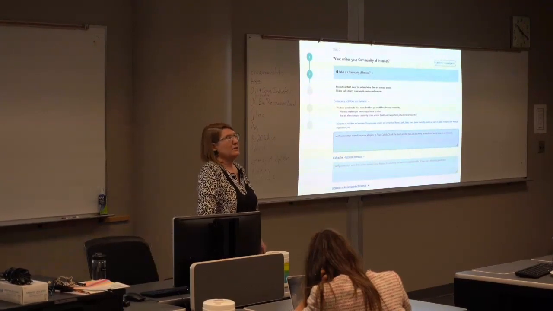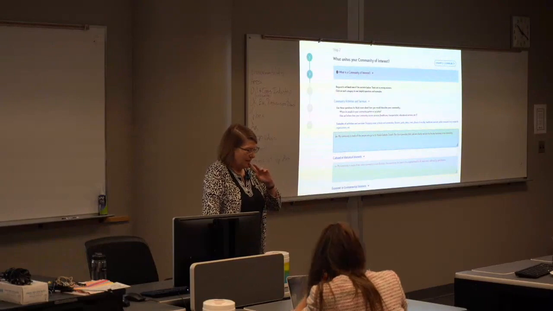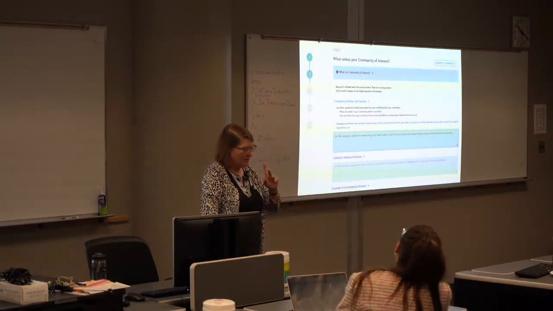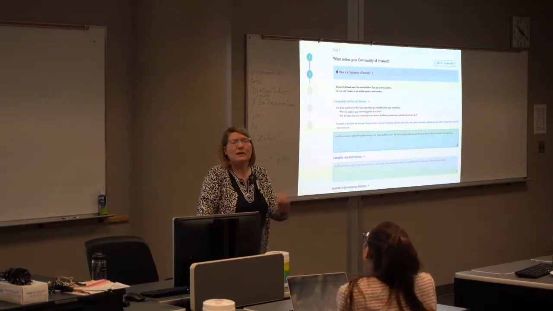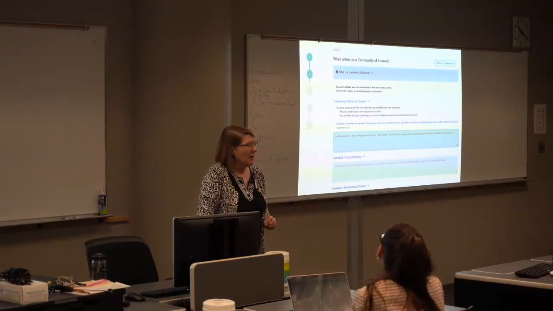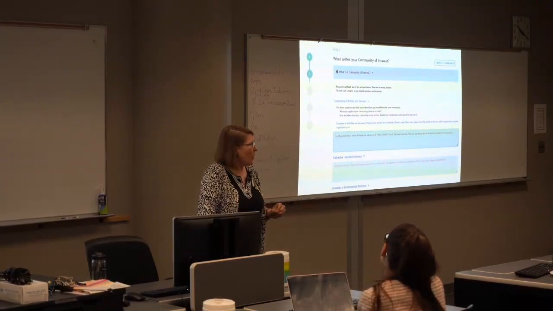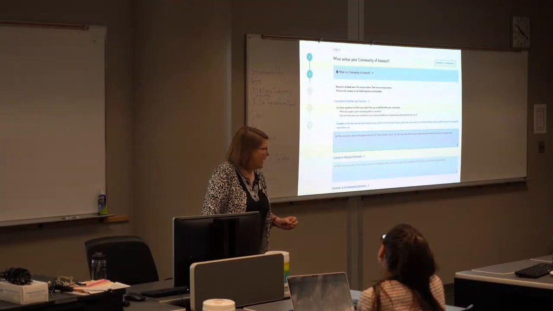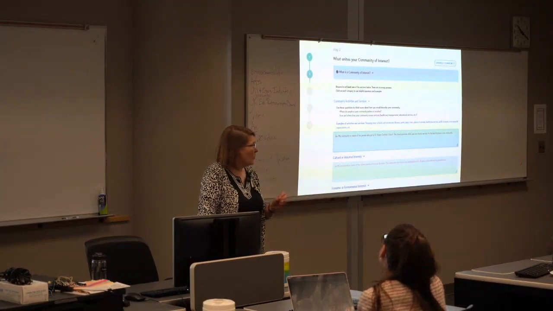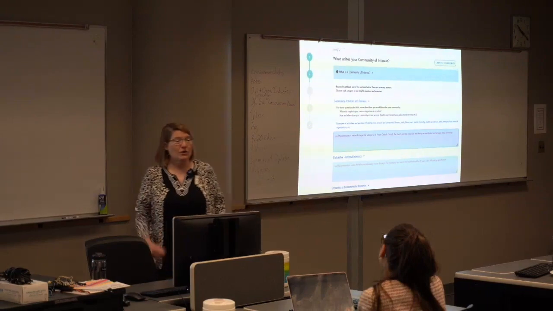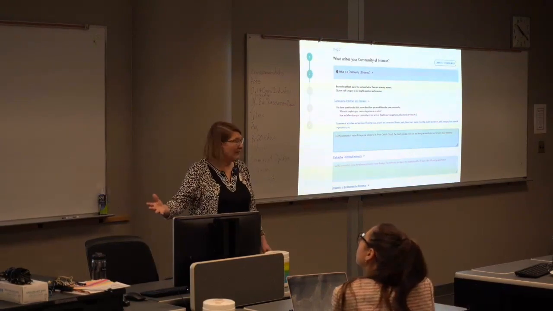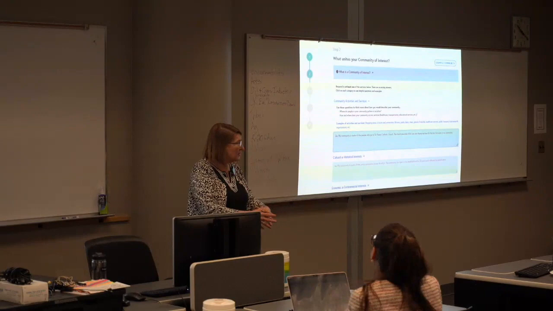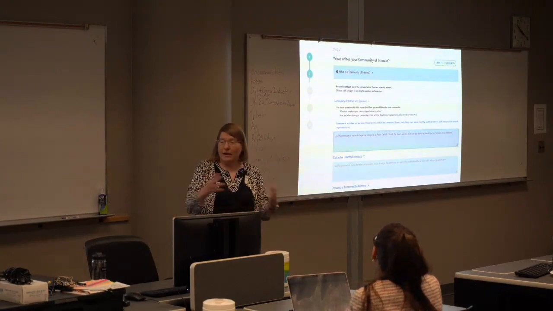I did this with a high school class a couple years ago, and one of the students said, "We really need safer playgrounds. There isn't a place for the younger kids to play. They don't feel safe. We need to be able to get them outside." And I was like, wow, okay, you've got something now that you want to advocate for, and you can visualize for a city council or a county commission.